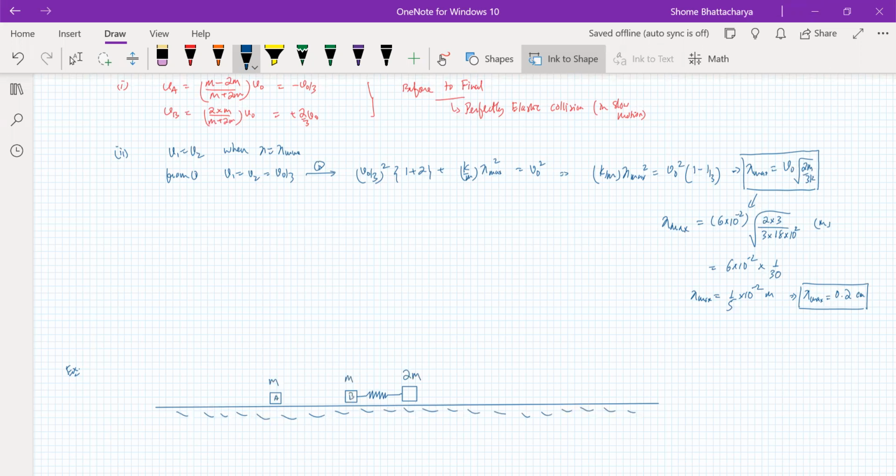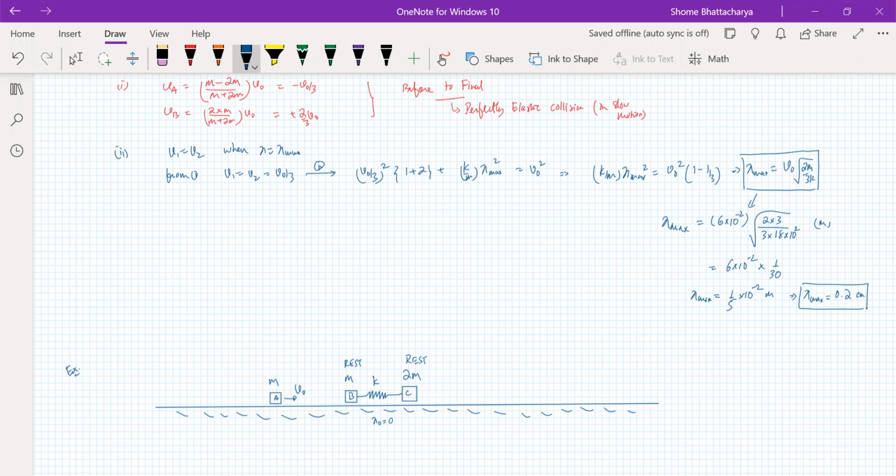So we have a combination of three objects like this. So initially B and C are at rest. And also the spring is relaxed. Okay, but this is coming at a speed of V0.